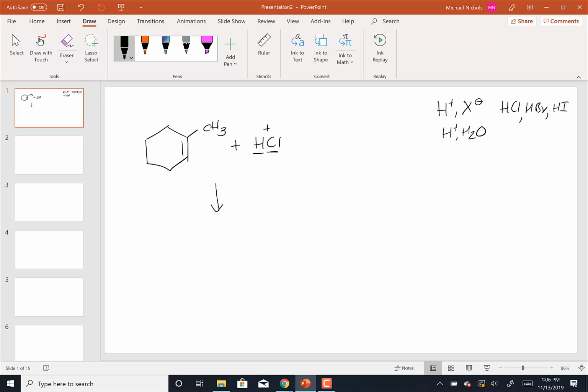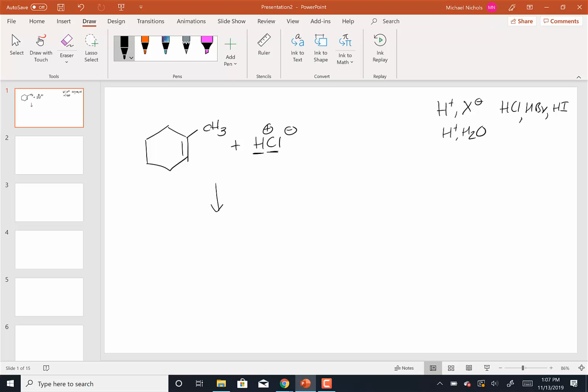So I have an H plus and a Cl minus. What is the double bond? Is it an electrophile or is it a nucleophile? The double bond. Electrophile or nucleophile? Nucleophile?